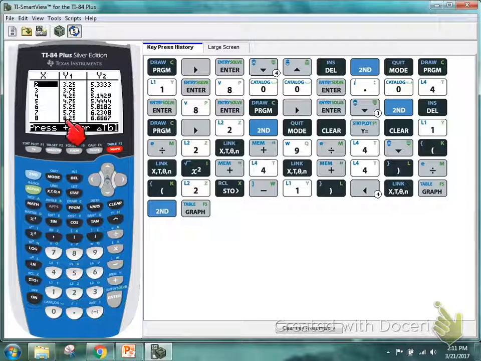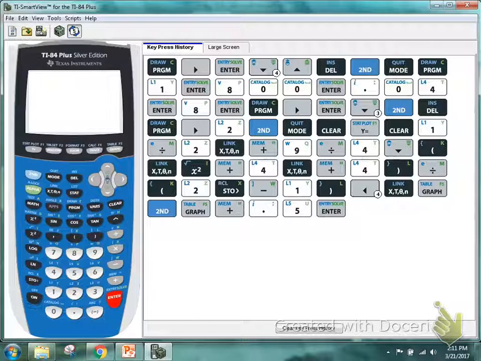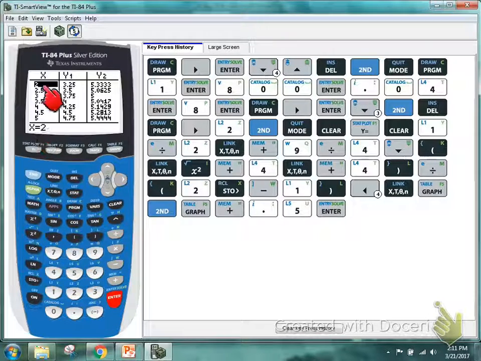But if you hit, see where it says press plus for delta table? Have I showed you guys this yet? Maybe it's been a while anyway. If you press plus right now, it'll say delta table, what delta means is changing. So what do you want your table to change by? Say you want them to change by halves. So you hit 0.5, you hit enter, and then it gives you the half values of x also.